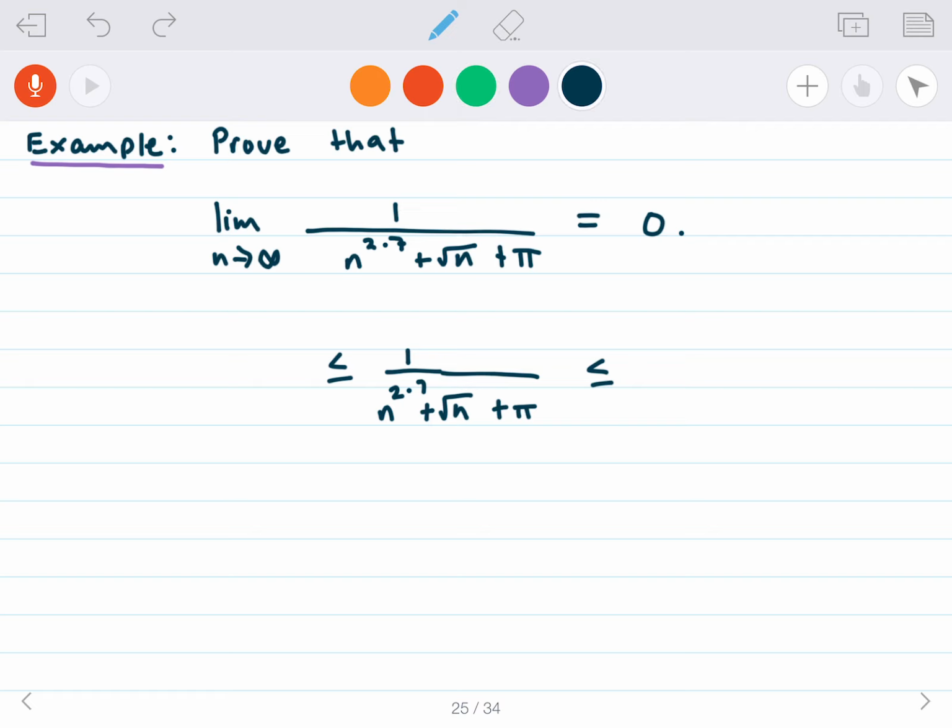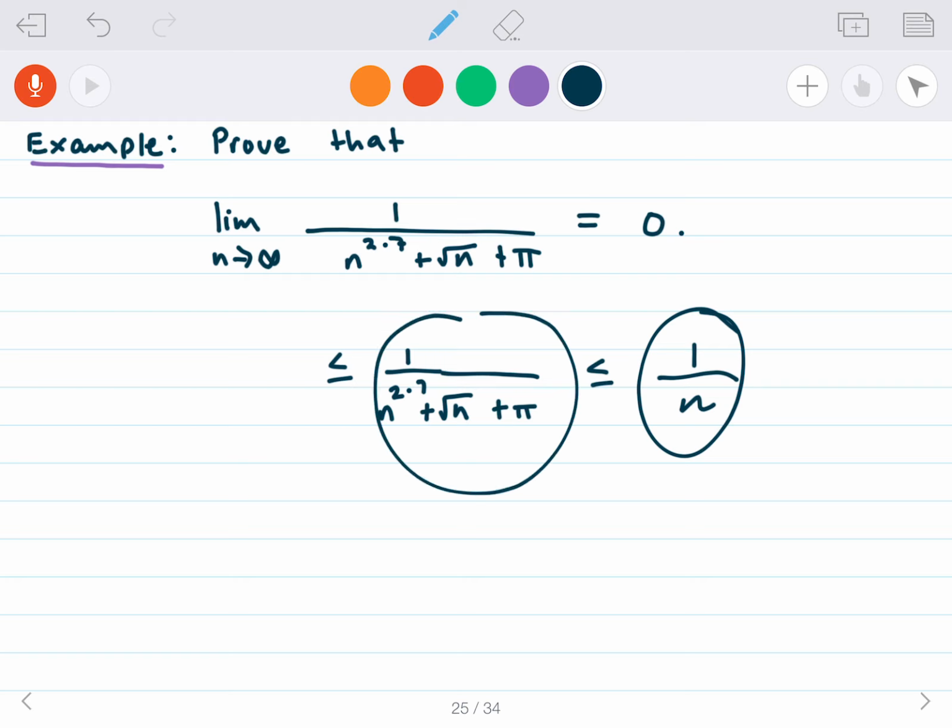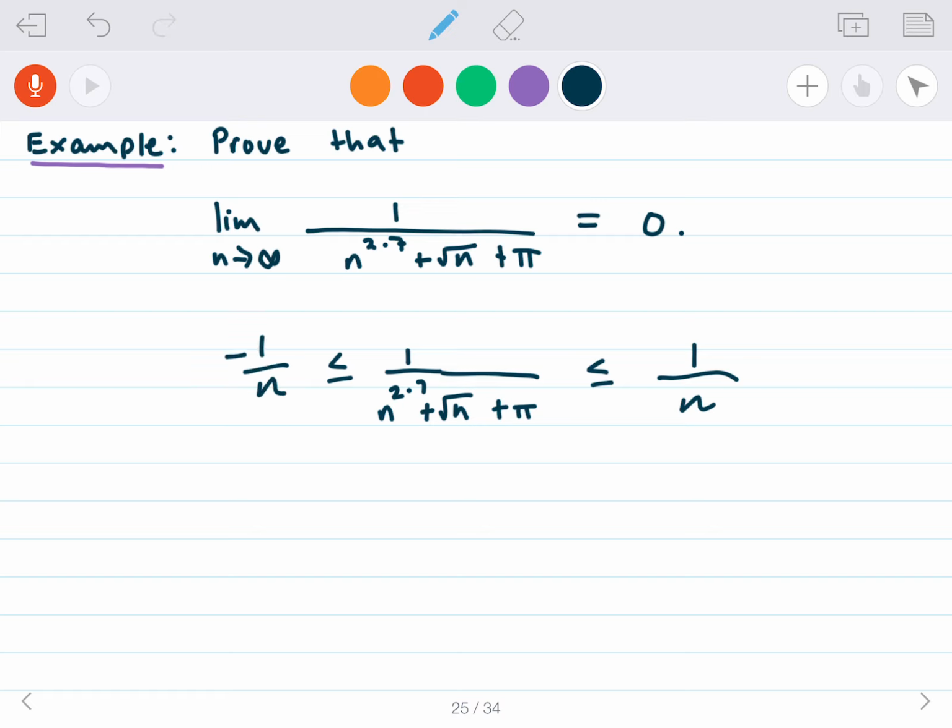And so this guy is always going to be smaller than or equal to 1 over n, right? The smaller the denominator is, the bigger the actual fraction is. So this thing is bigger than this thing. And we know that this is always going to be positive, so I can definitely say that this is always going to be bigger than or equal to 1 over n.